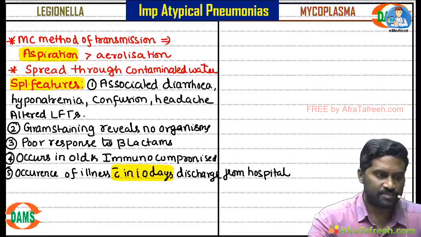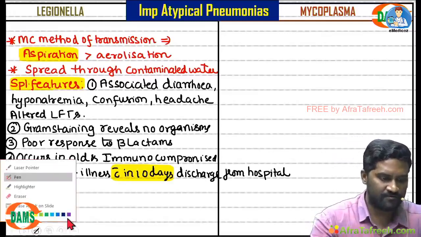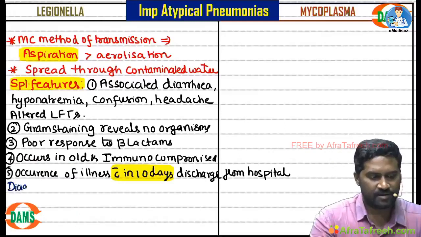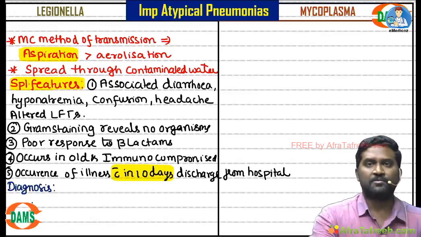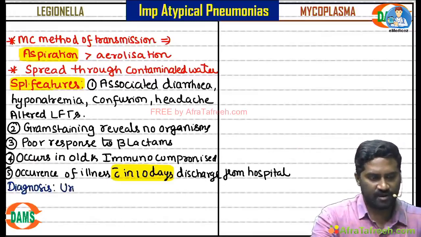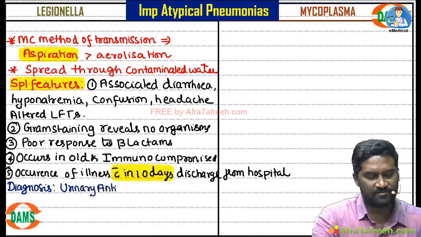Now, coming to diagnosis of Legionella. This is an atypical pneumonia. Generally, gram staining is difficult, and culture results will be delayed. So for diagnosis, we have a urinary antigen test for Legionella.